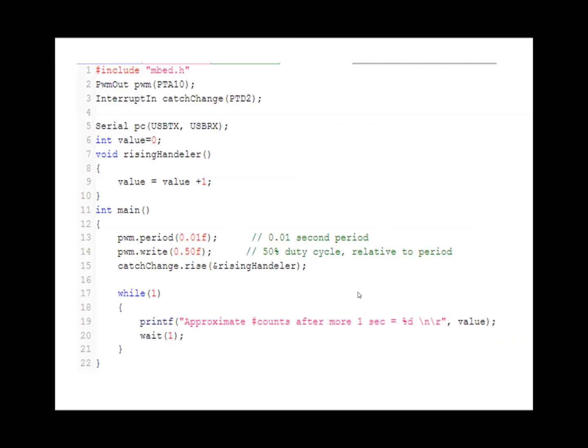Because of the timer, the wait time is not perfect. Yeah, why are you saying that this wait is not perfect? You are taking mbed. Why? Exactly, because it's a software time, right?